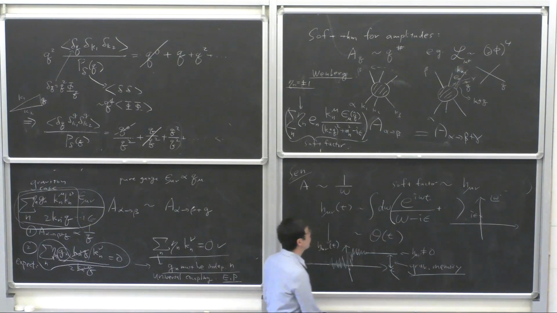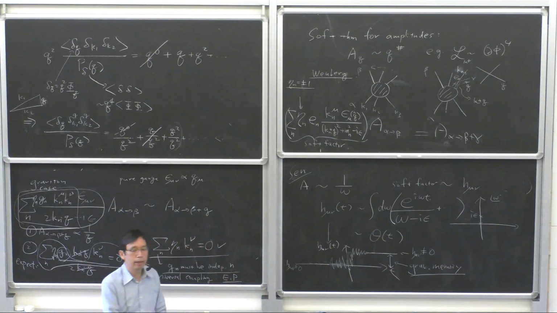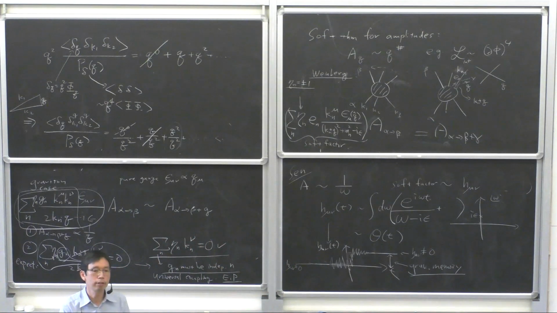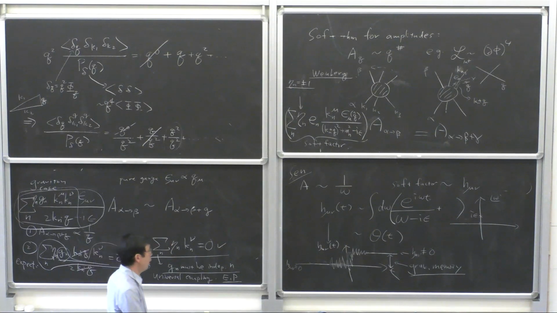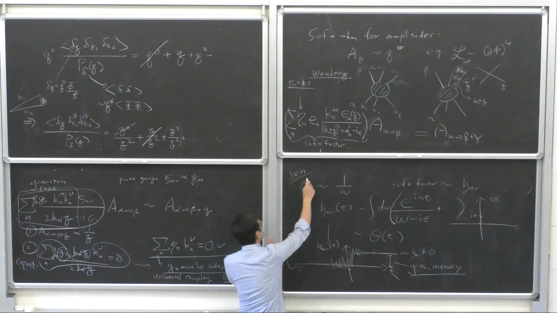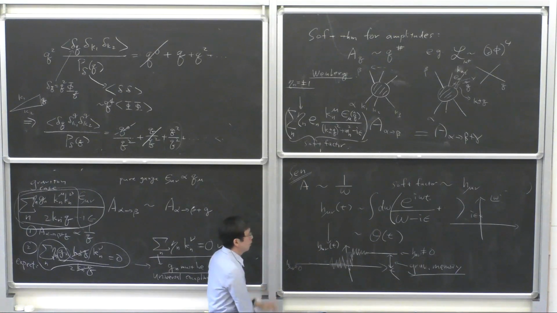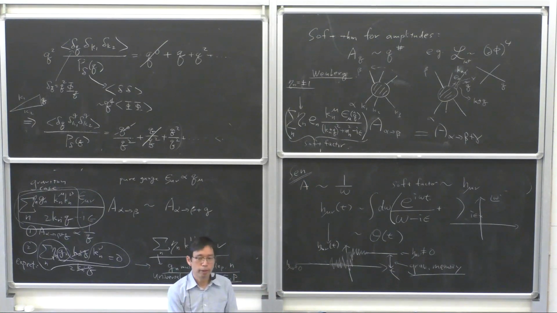The connection between the soft factor and gravitational memory was first pointed out in papers by Strominger and collaborators. But I recommend this article, it's fairly pedagogical. But that's the connection.